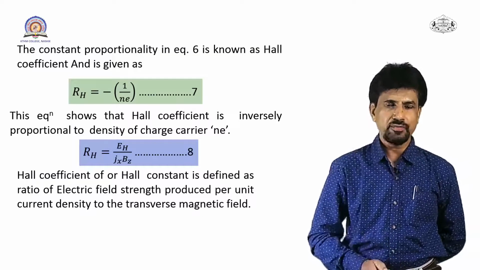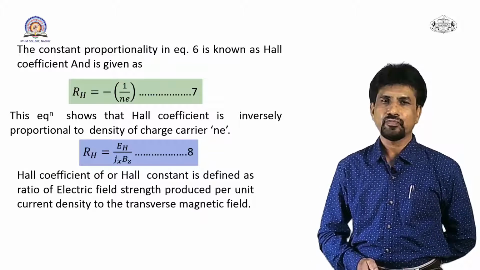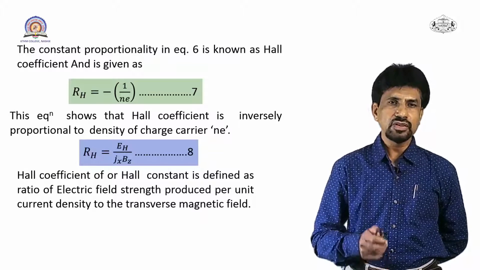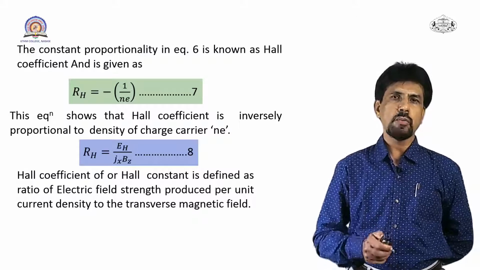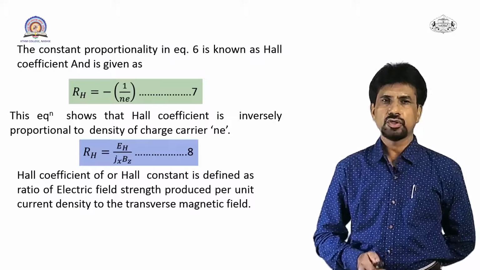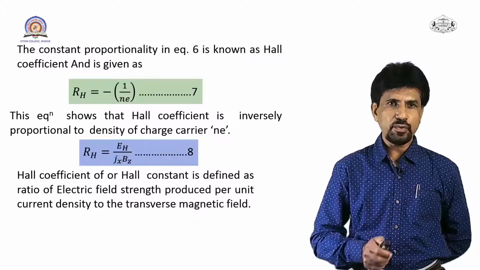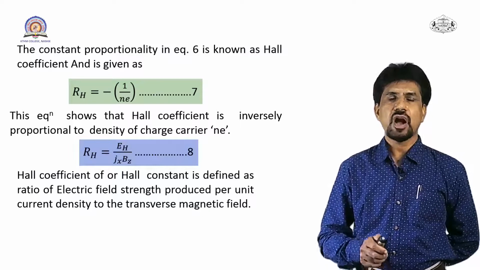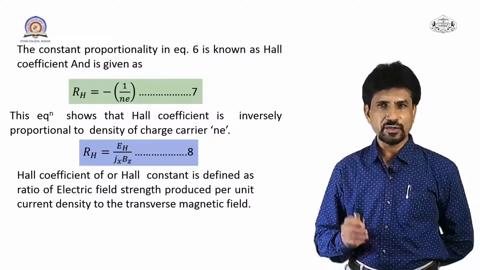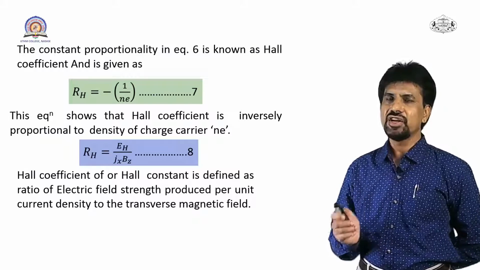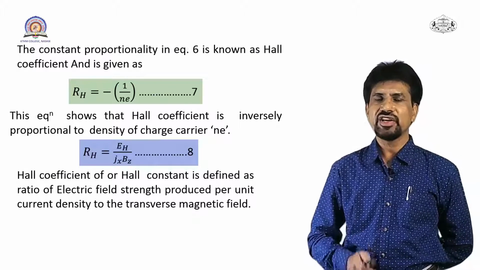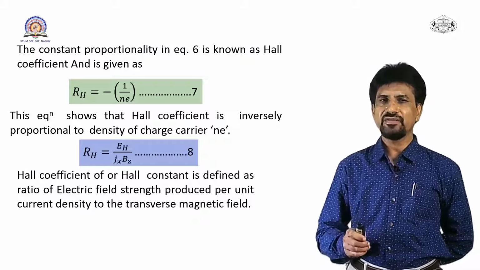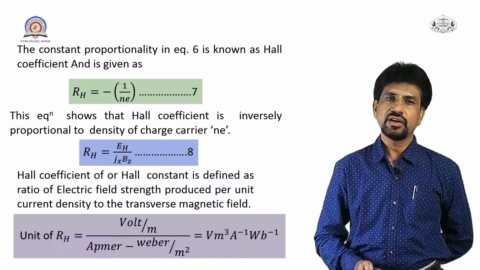So students, in this lecture you have to know about the Hall coefficient. Remember the expressions for the Hall coefficient, in terms of the charge carriers and in terms of the electric field, magnetic field and current density.